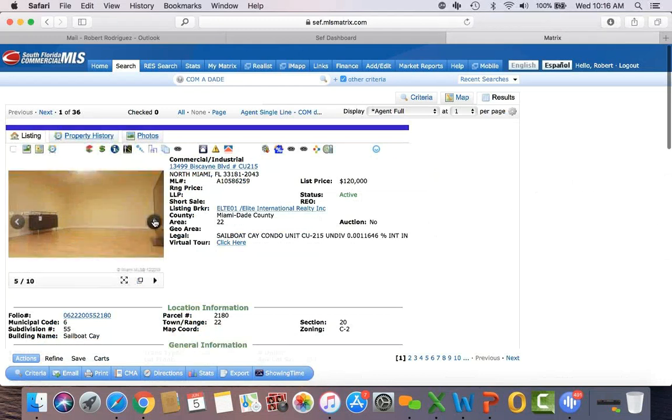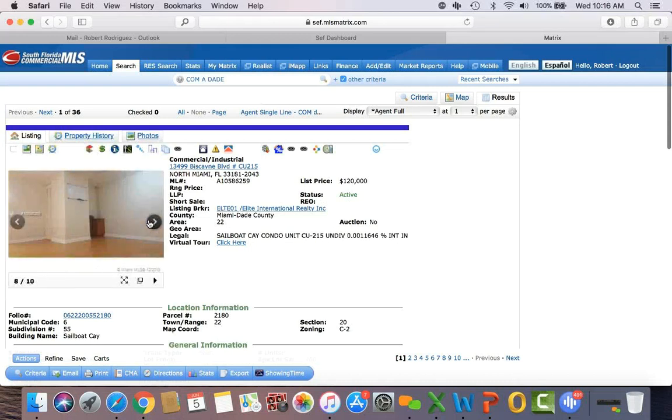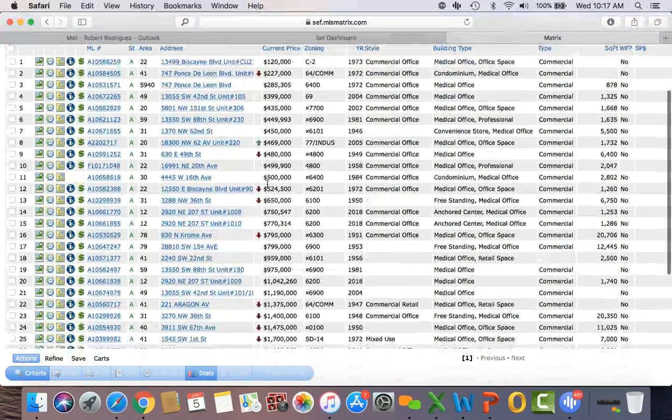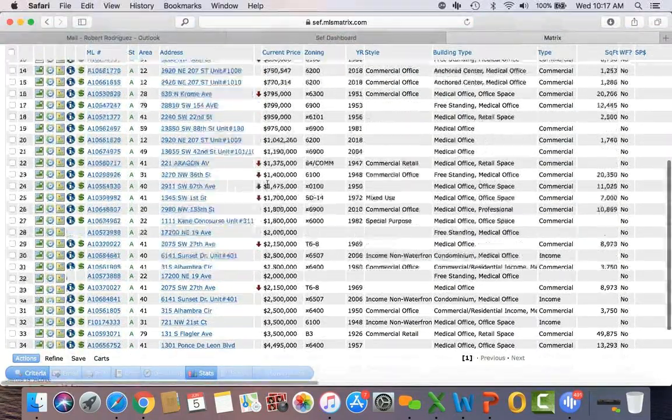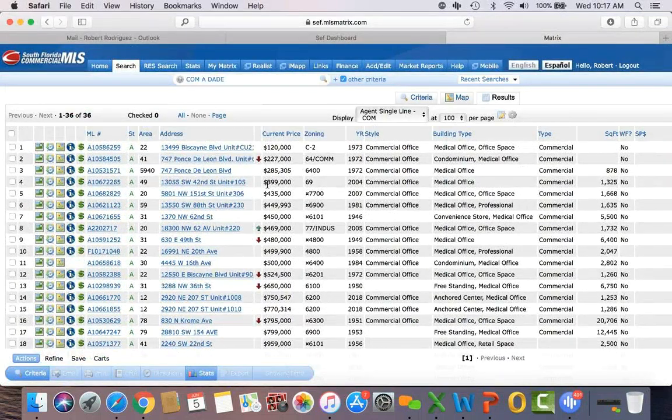So looking at this, and this is for sale, $120,000. The idea of searching for commercial properties on the MLS and saving the search and then sending it over to your customers often doesn't really occur, because you are really having to look through all the results and pick and choose which properties you would like to send to your customers.